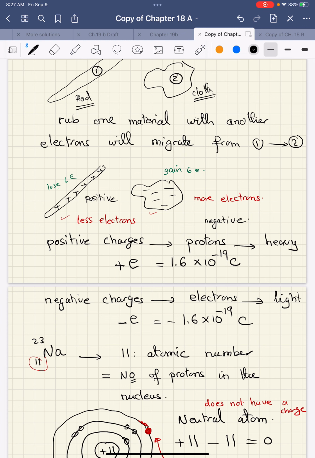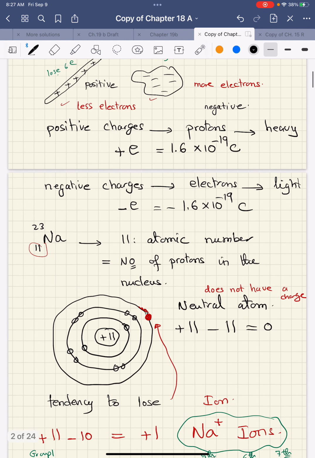Now, if I talk about a specific element, for example Na, it has an atomic number, which is the number of protons in the nucleus. If you look at the electronic distribution, you are going to find that this atom in its normal condition is neutral, which means it doesn't have a charge.